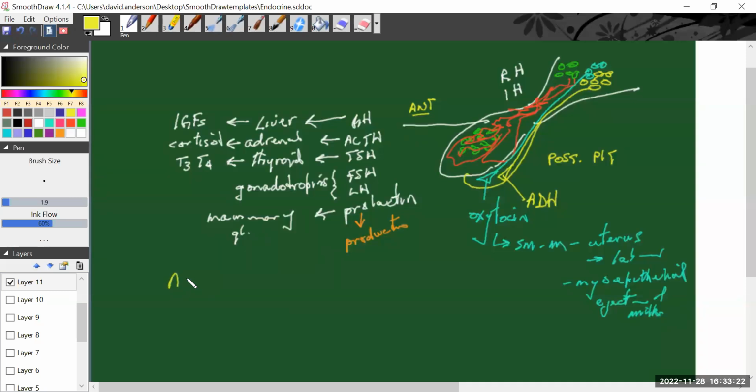Now, ADH, the antidiuretic hormone, also known as vasopressin, so again something to do with blood vessels.